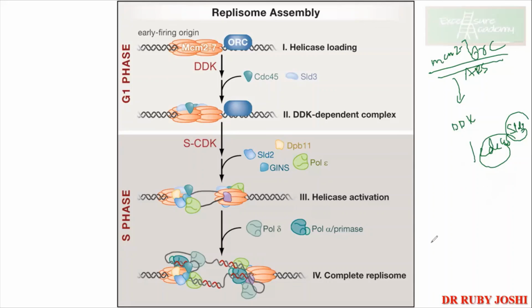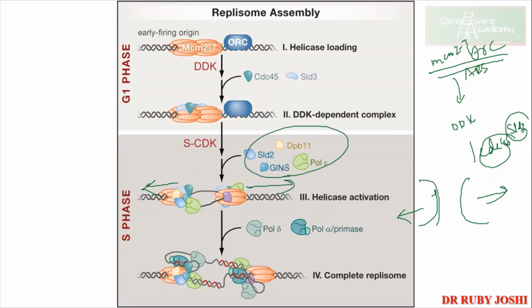It is binding over to the helicase and separating the helicase. One hexamer will go here, one hexamer in this direction, right? We know the replication moves in both directions, right? That is the activation, and for the activation you need these proteins. Then comes your delta and alpha for the priming and the replication.